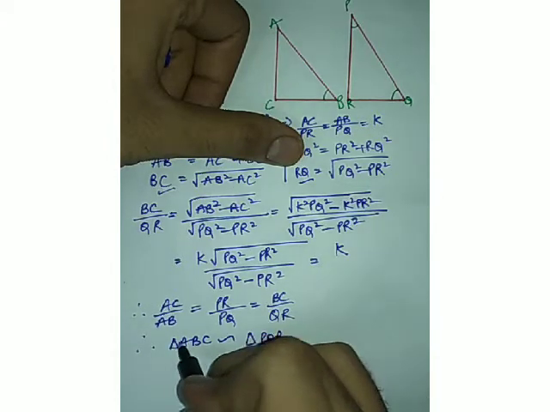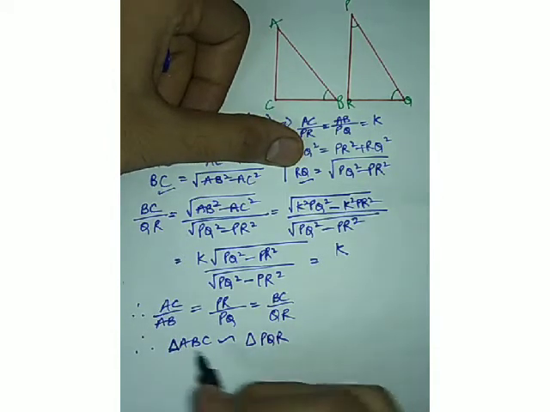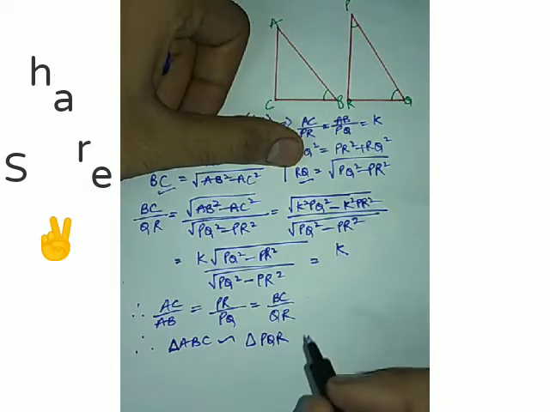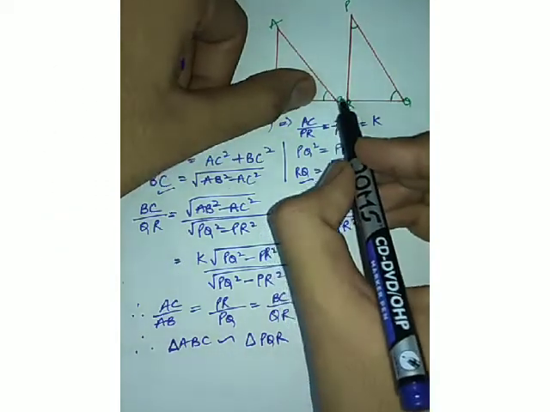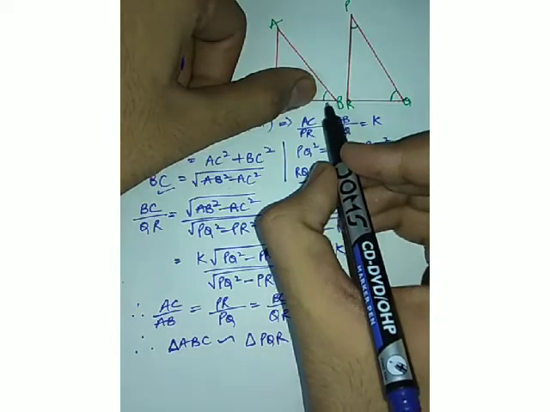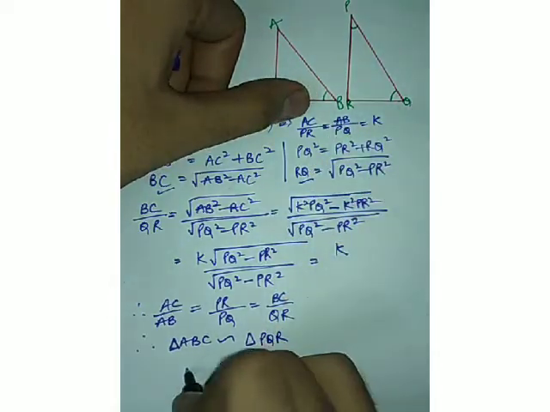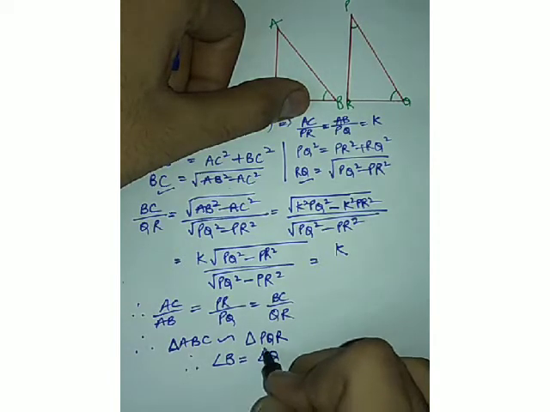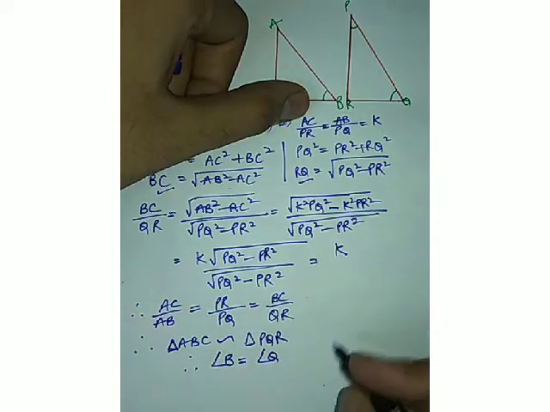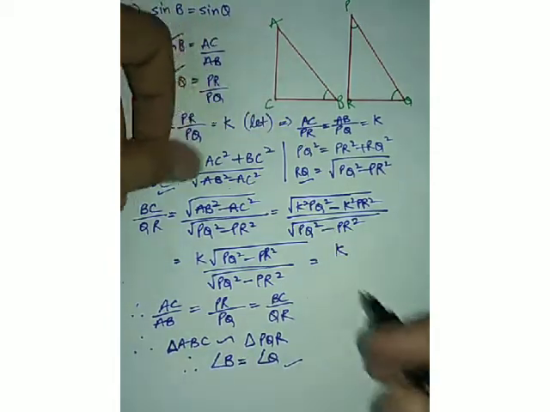Now there is a theorem which says that if two triangles are similar, then their corresponding angles are equal to each other. So we have to deal with only one corresponding angle, that is angle B and angle Q. Therefore, angle B will be equal to angle Q. Just state the theorem which I have just spoken and you have got your answer.